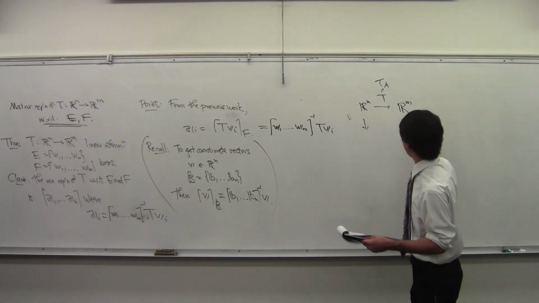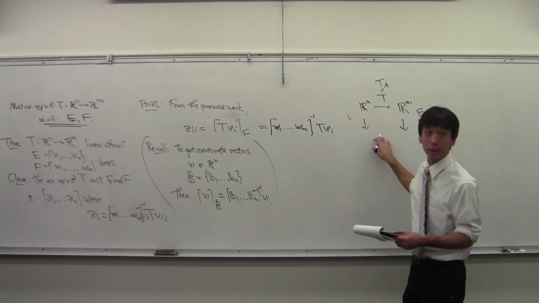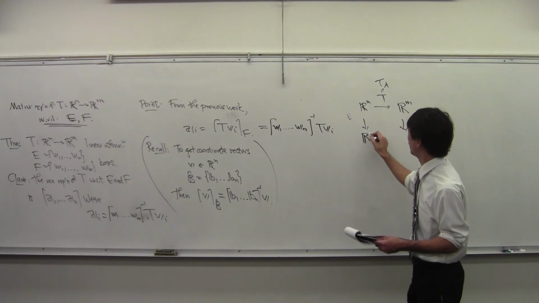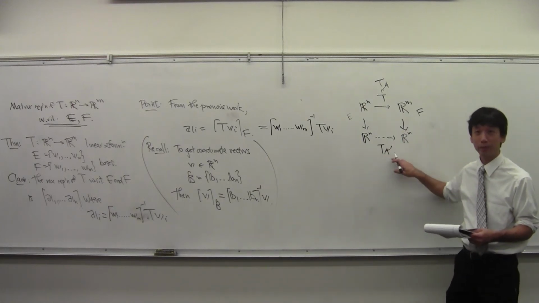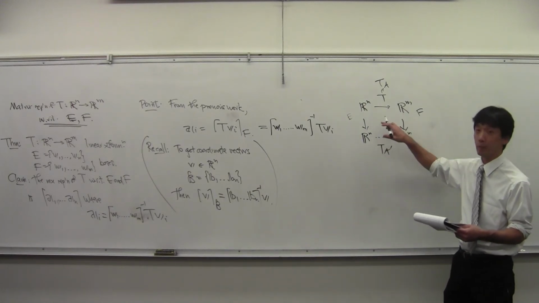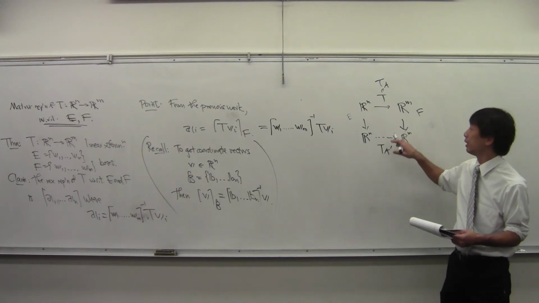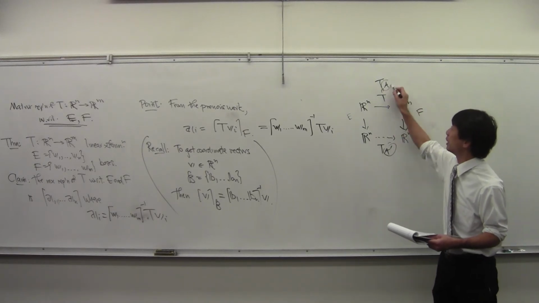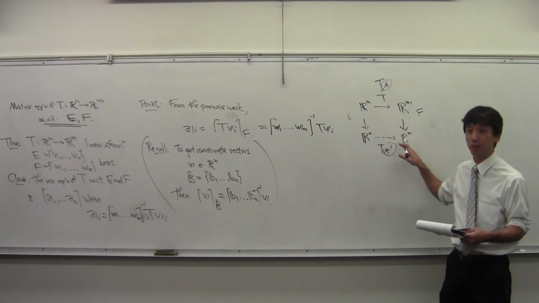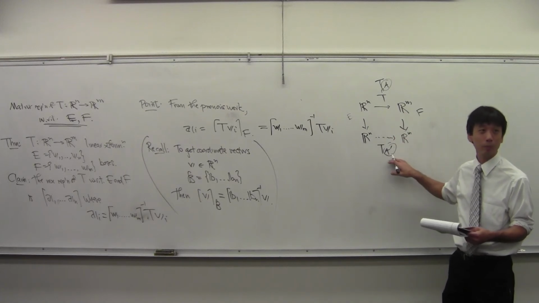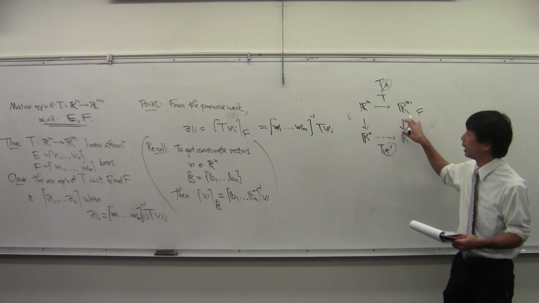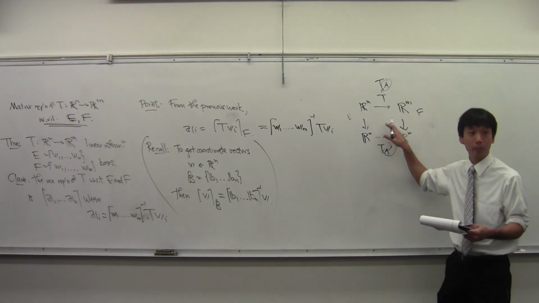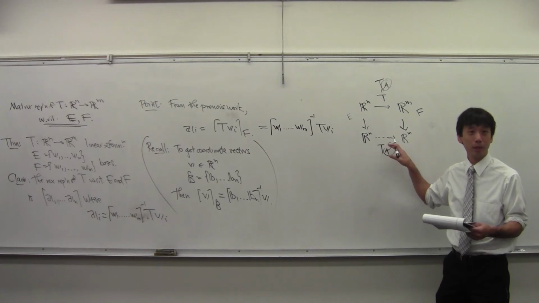Now, if we have bases here, then we have a different matrix representation with respect to those bases. And that matrix is not going to be the same as this one. Depending on how you choose your basis, you're going to get a different matrix representation.